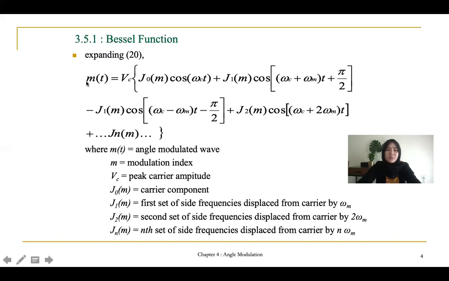So if, for example, your equation goes up until J1(m) and so on, it means that you only have one set of side frequency. But if your equation has a component up until J6(m), it means that you have 6 sets of side frequency.